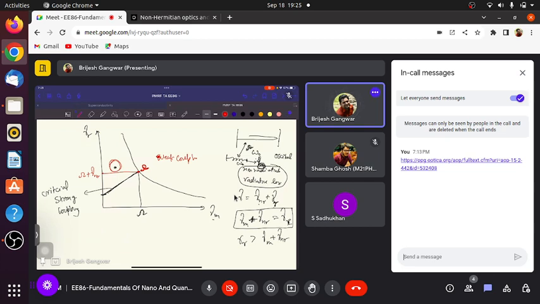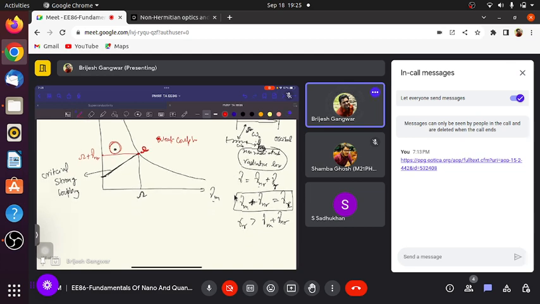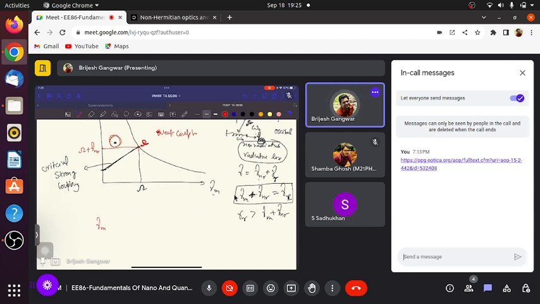So there are three types of condition you can have. One is gamma m, gamma r minus gamma nr, it should be omega to the power omega square, and one condition is this one.